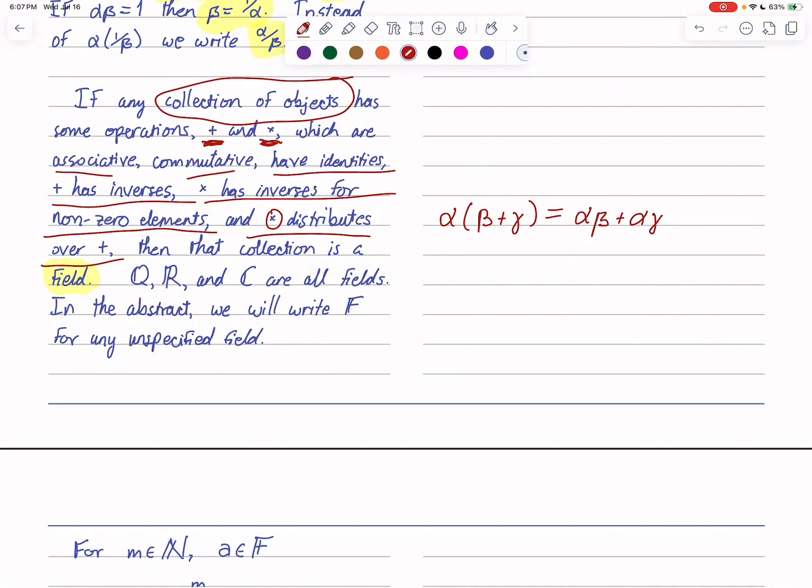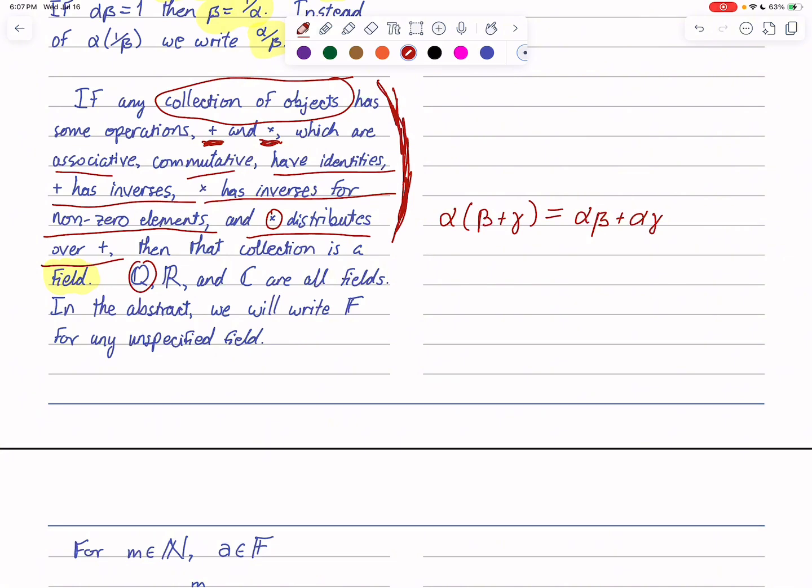But anyway, when you have a collection of objects and they satisfy all of these properties that we've already discussed, then we call such a collection a field. That is just the word we use to summarize a collection of objects having all of these properties. So Q, the rational numbers, is a field because it has these operations plus and times.